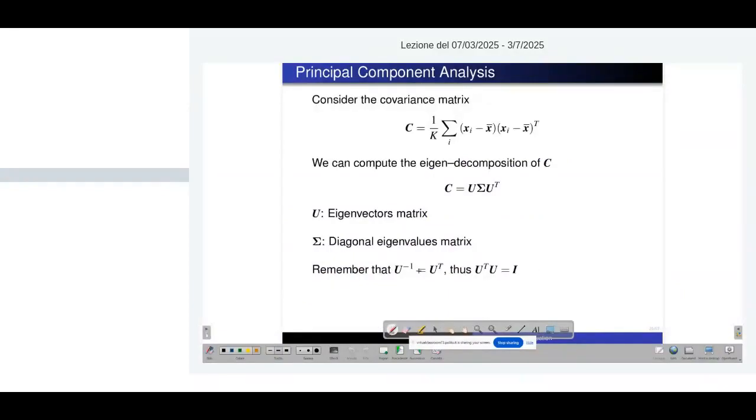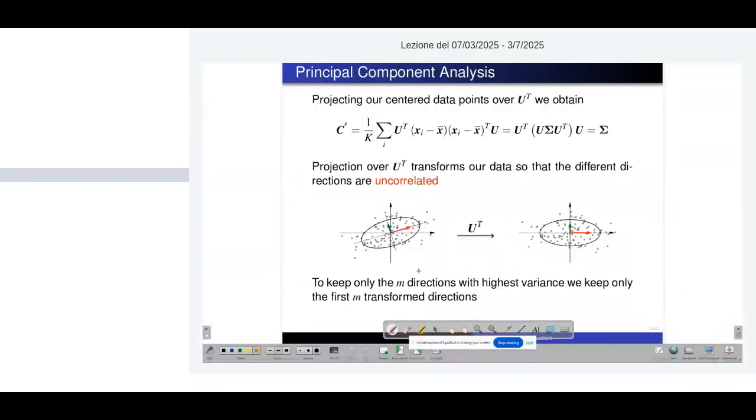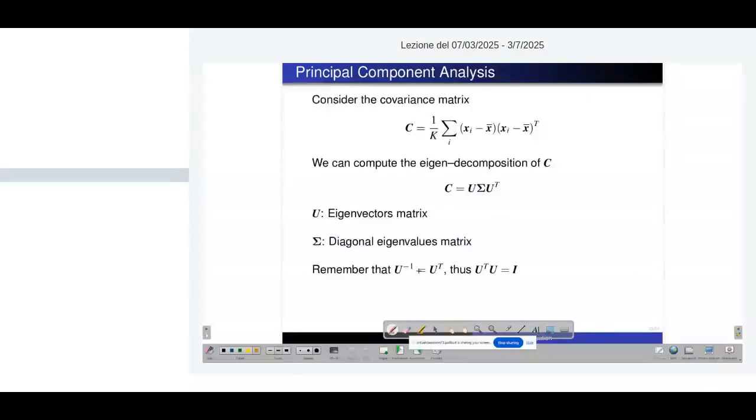We'll come back to this slide in a moment, but let's see what PCA is doing if I apply the PCA projection using the eigenvector decomposition I described before. We need to compute the covariance matrix. The covariance matrix of the data will give us the directions over which to project our samples.